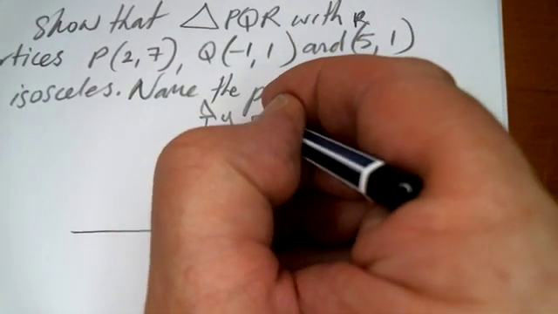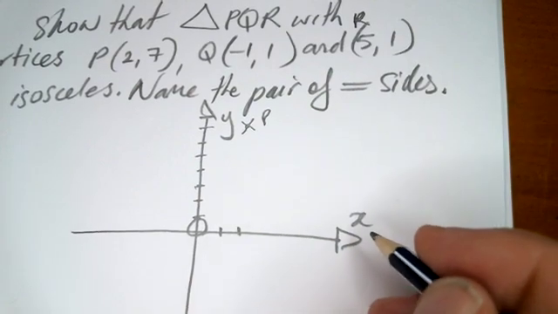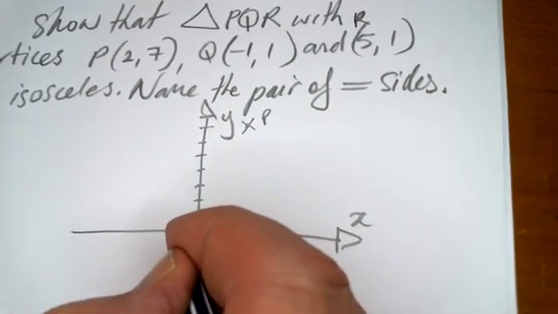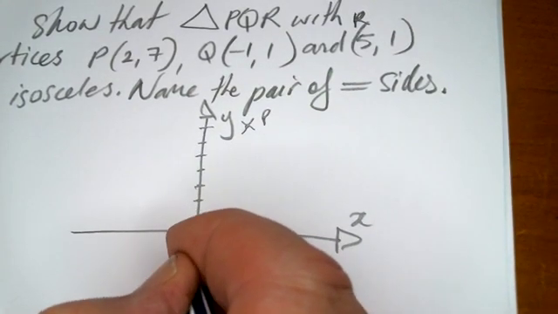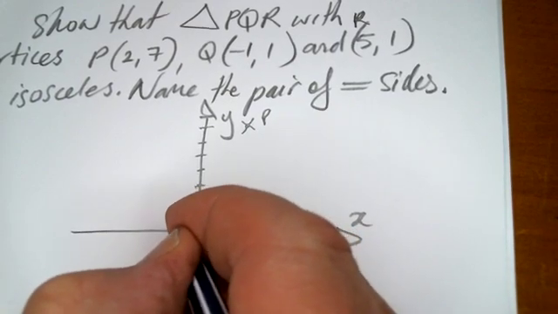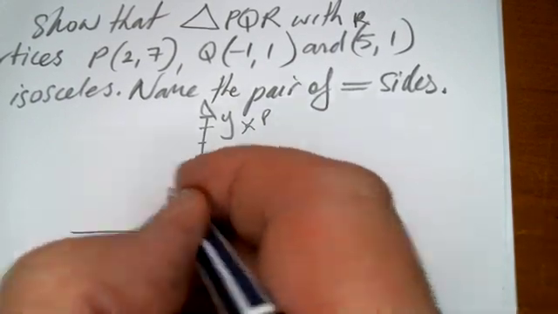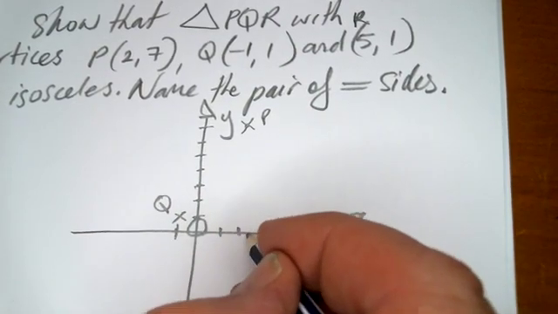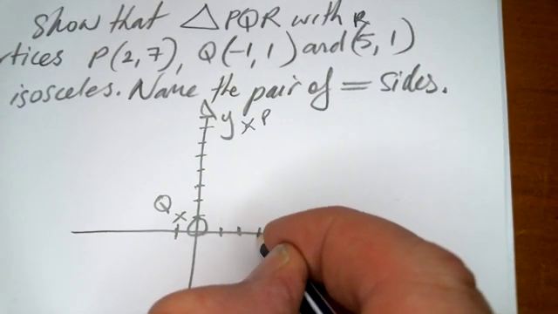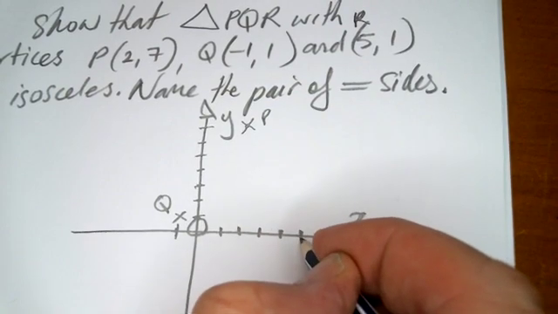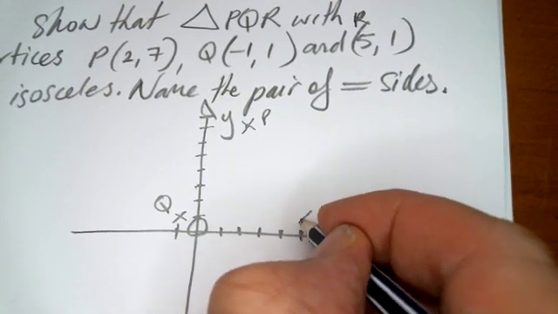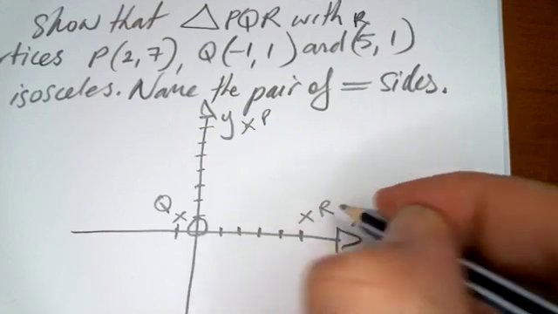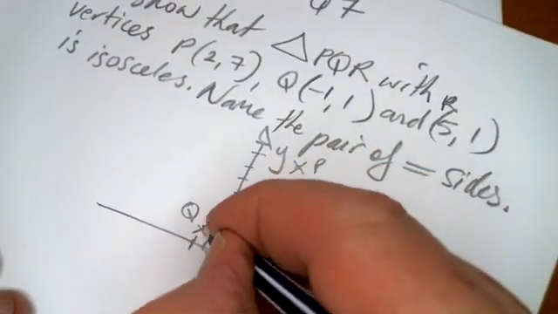We can just say that point is P. Q is going to be negative 1, 1. It's going to be there, and that's going to be my Q point. And then I've got the other point, which is R, which is 5, 1, which is going to be there. And there's R. So we've got a triangle that looks roughly like this.